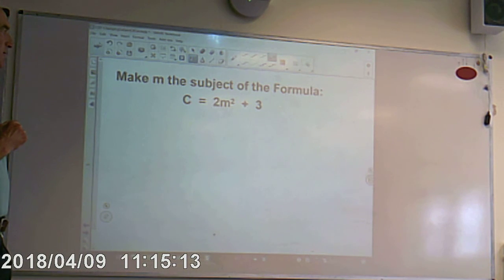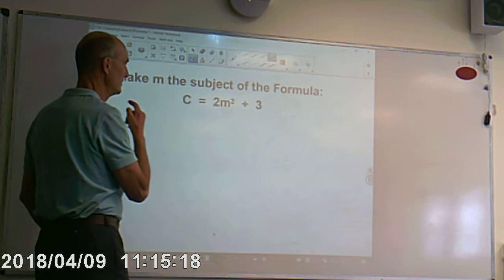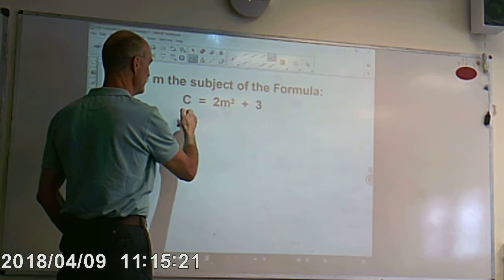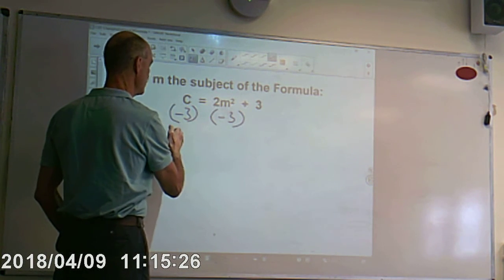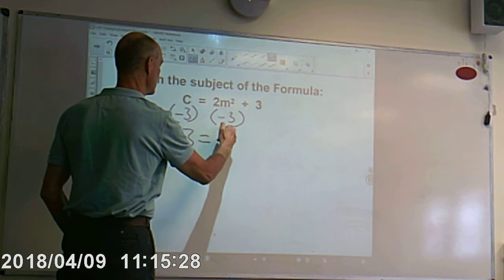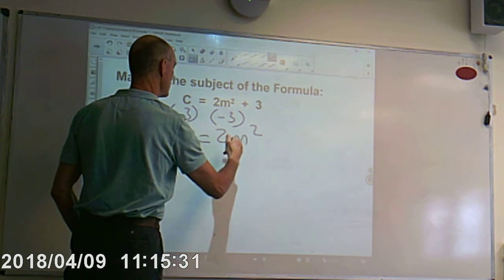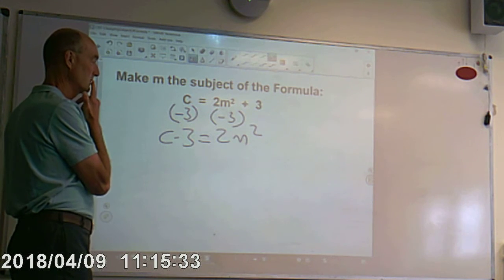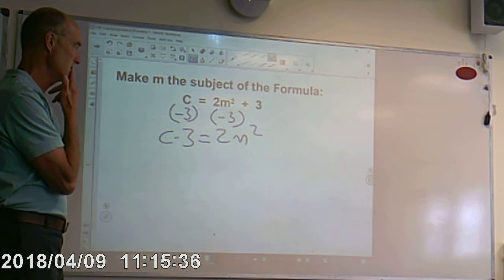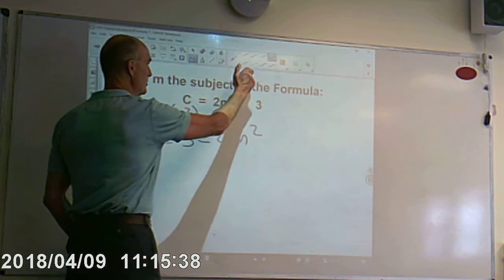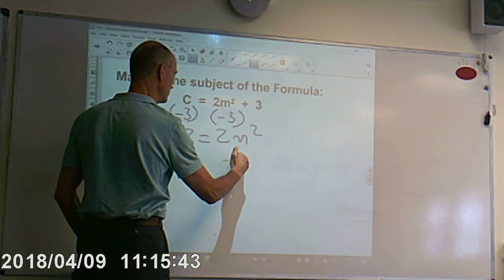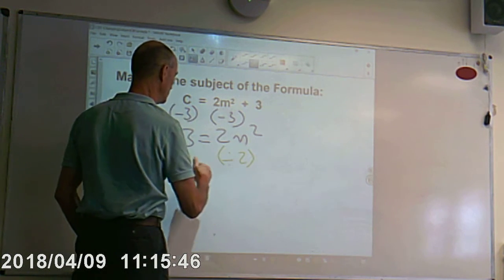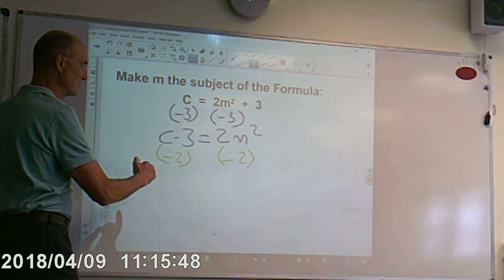Right, make m the subject of the formula. Okay, got a little bit of work to do here. I'm going to get rid of that plus 3, so we say subtract 3 from both sides. So c minus 3 is 2m squared. Okay, so far so good. Now we want to get rid of that 2. So we divide both sides by 2. Don't forget, it's all of the left hand side divided by 2.